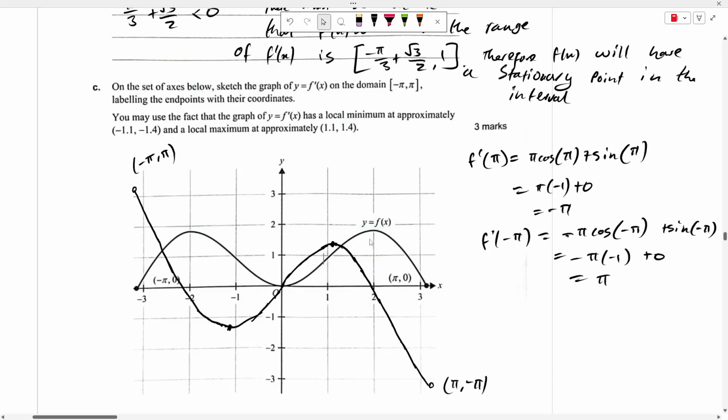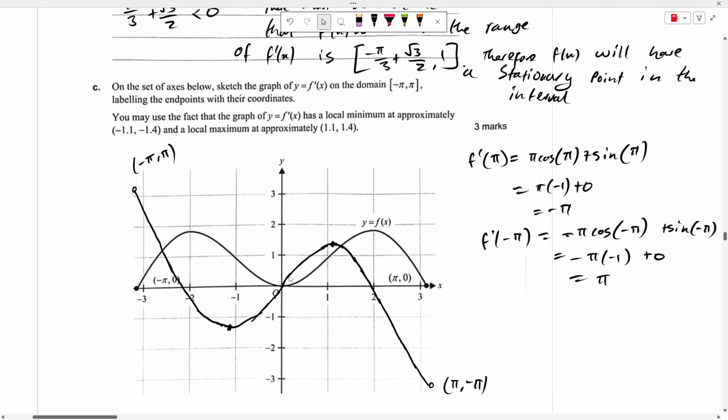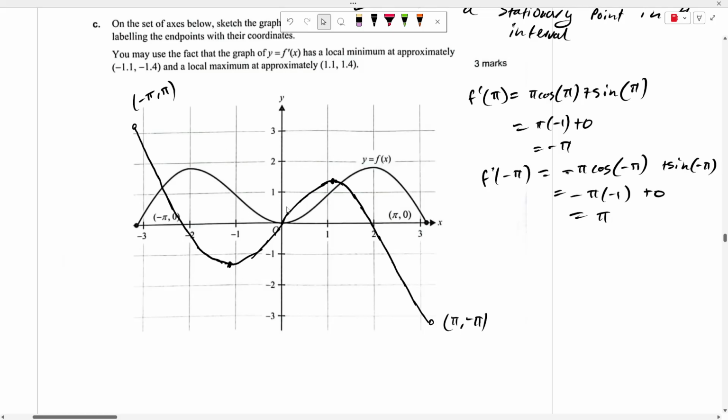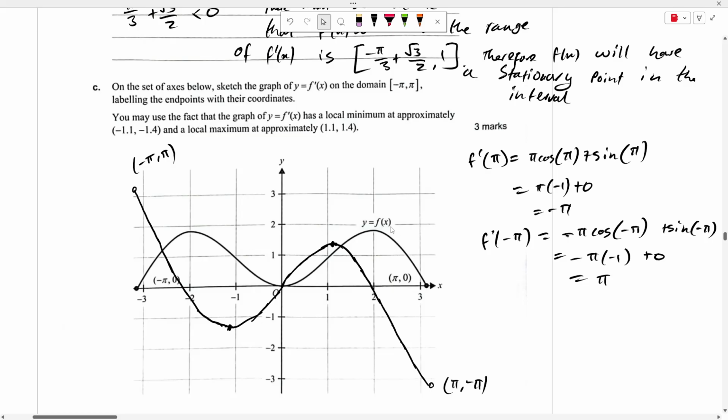And you can see that a stationary point on f of x is somewhere very close to x is equal to 2, right? So our derivative graph is having an x-intercept somewhere around 2. And the same thing with negative 2, right? Maybe try to get this a little bit closer to negative 2, right? But this should be the general shape. And our derivative graph has to pass through the origin because you can see there's clearly a turning point right at the origin, right? So this is what it should look like approximately. And remember to do open circle at the endpoints because functions are not differentiable at their endpoints.